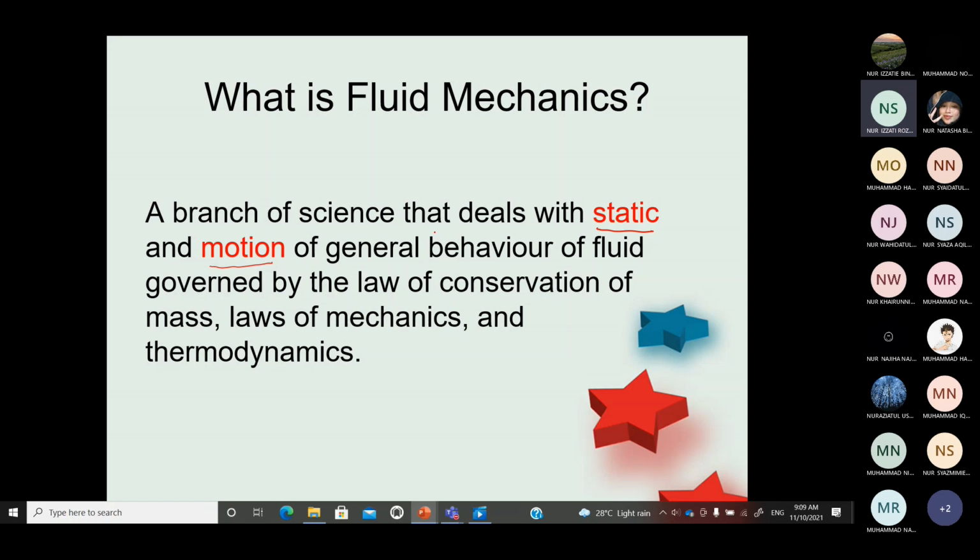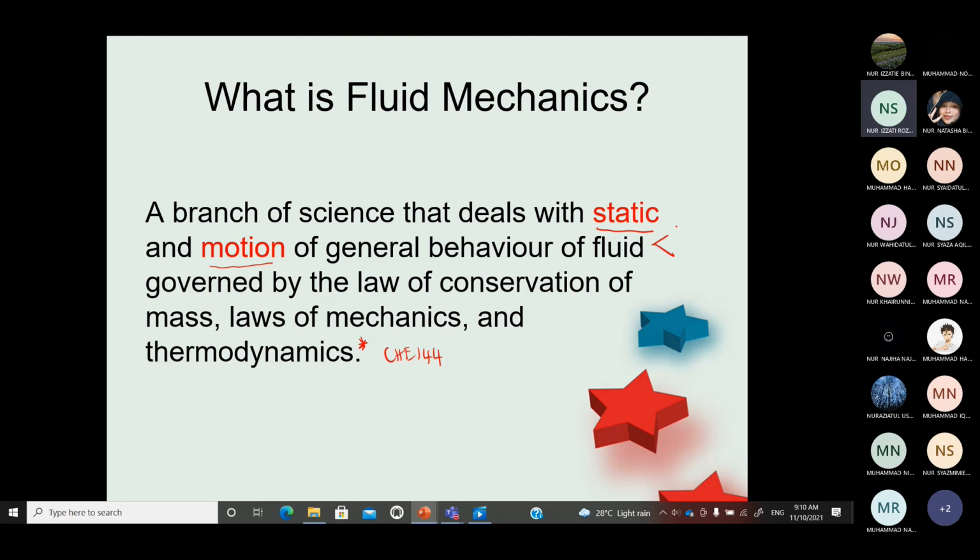Okay, so we want to study the static and motion, the general behavior of fluid, governed by the laws of conservation, laws of mechanics, and thermodynamics. For this one, you will learn specifically in CHE 144, okay? Alright. So actually, in fluid mechanics, we want to study the behavior of fluid.